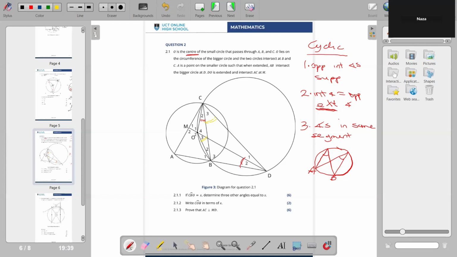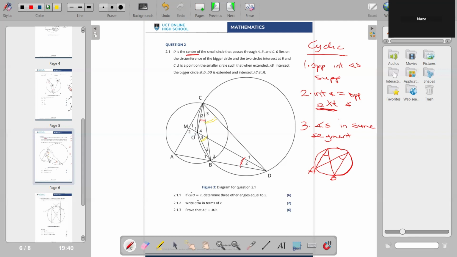Angles in the same segment. Okay. What else? Angle B3 is equal to angle O4.